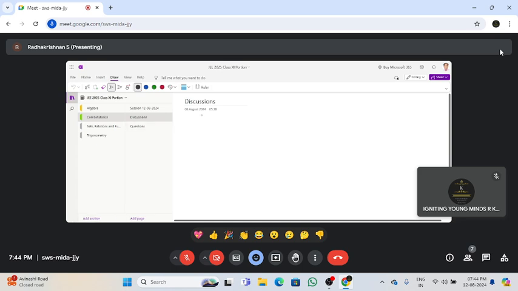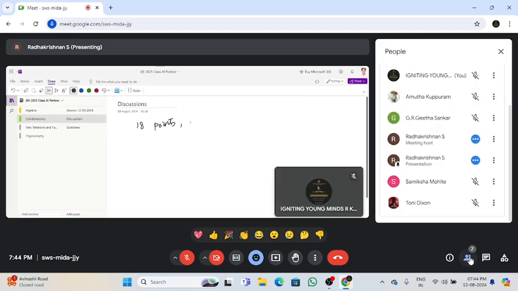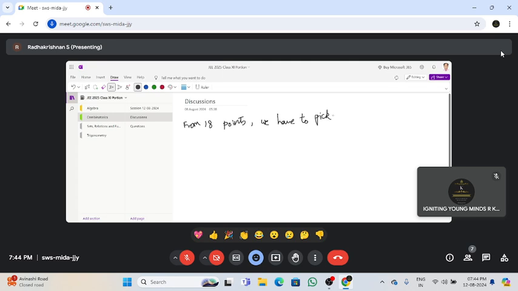So there are totally 18 points, and we have to pick up 3 out of that. What is it called? From 18 points, if you have to pick 3 points, that is called the number of combinations of 3 from 18, which we write as 18C3.